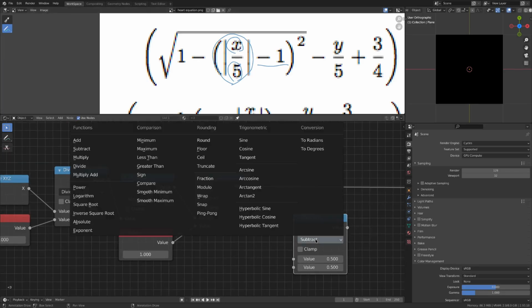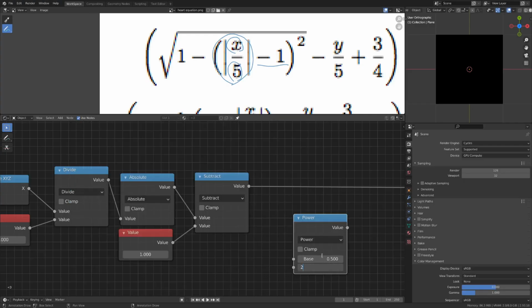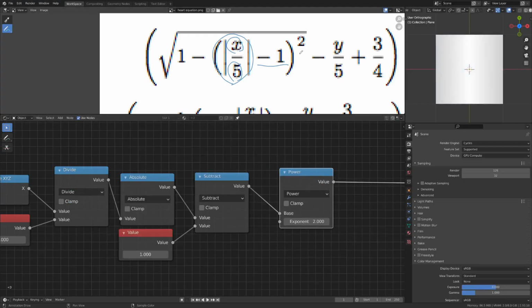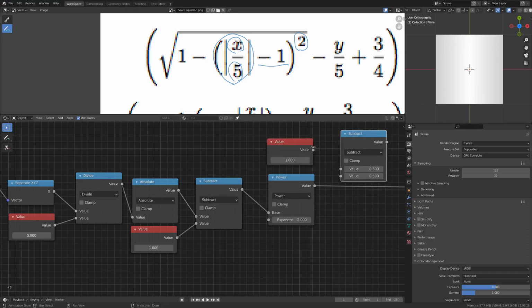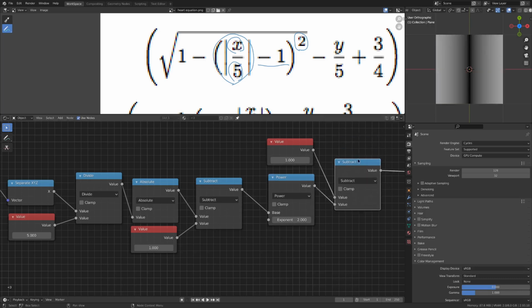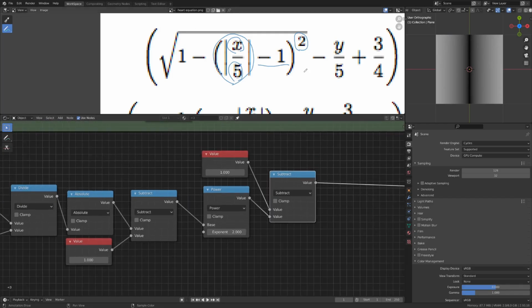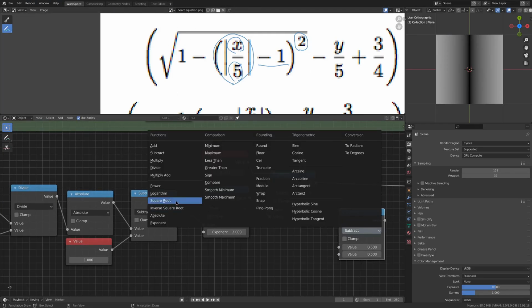So math power, set the exponent to 2, and we're going to make this one. This is power exponent. Okay, and we are going to subtract with 1 here. 1 subtract. Oh, we get this. We made it back. Okay, and we are going to make a square root node again.